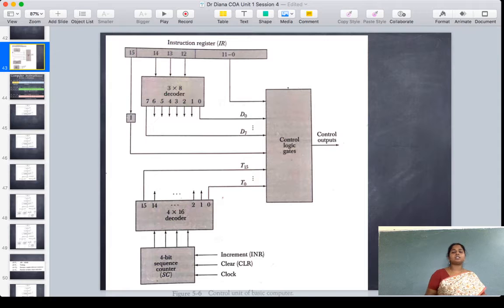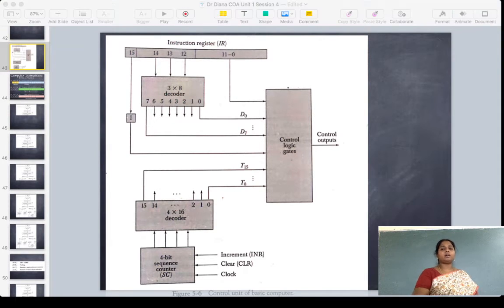Now in time cycle T0, we can understand that all of the instructions have the same way of working for time cycles T0, T1 and T2. Why is that so? Because for every instruction, I need to first read the instruction from memory, bring it to the instruction register, and make sure that the program counter is there to look into the next instruction.